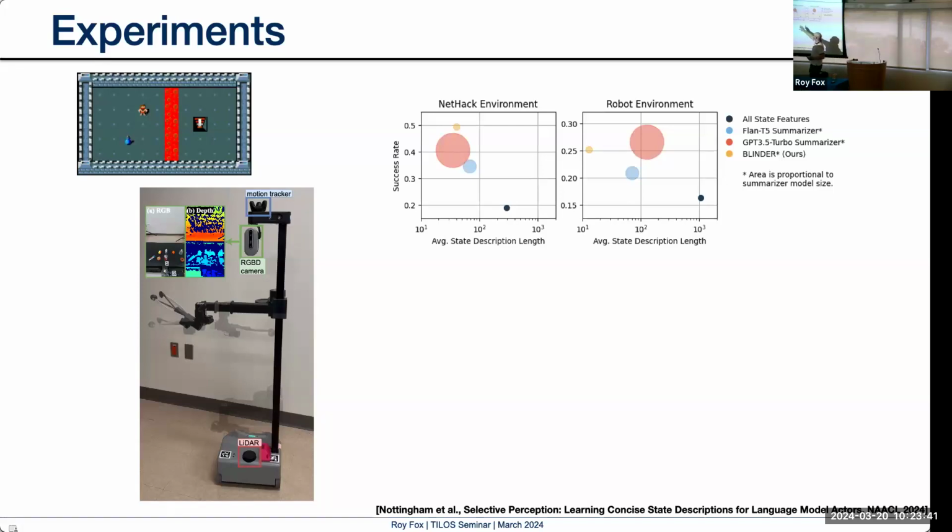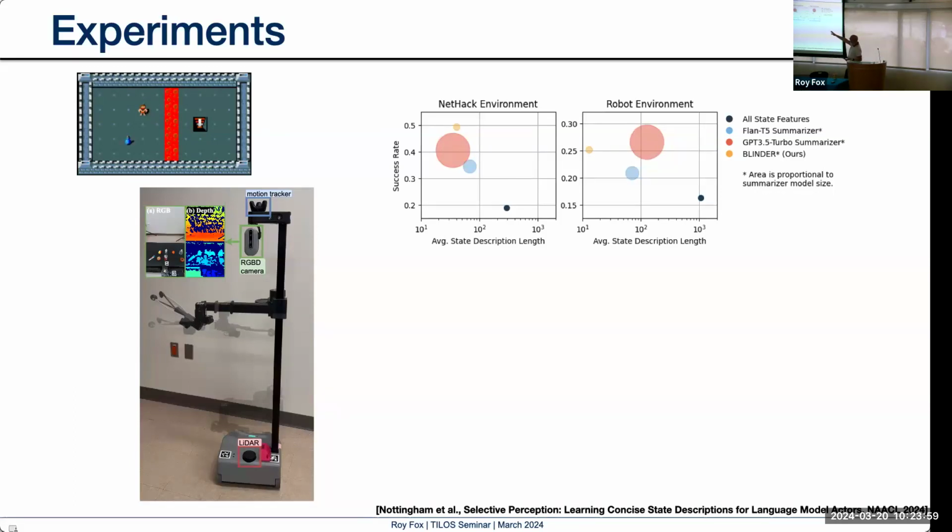So what we can see here, we're comparing four things, on the NetHack environment and the robot environment. The x-axis is the average description length, so how many state features we have on average after summarization. The less the better, so going to the left is better. This is log scale.